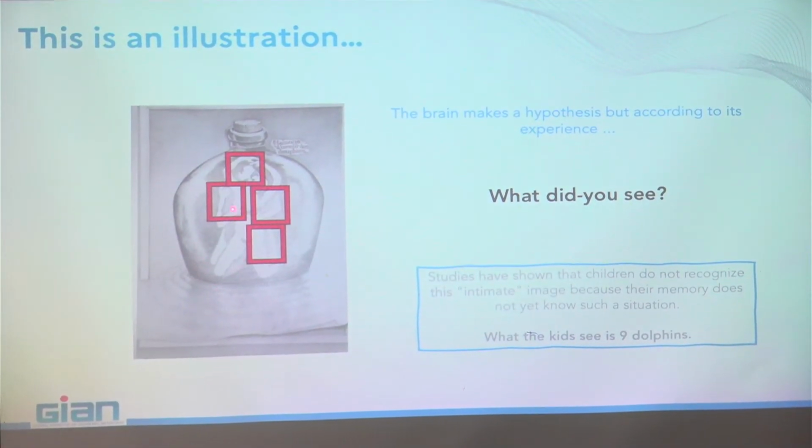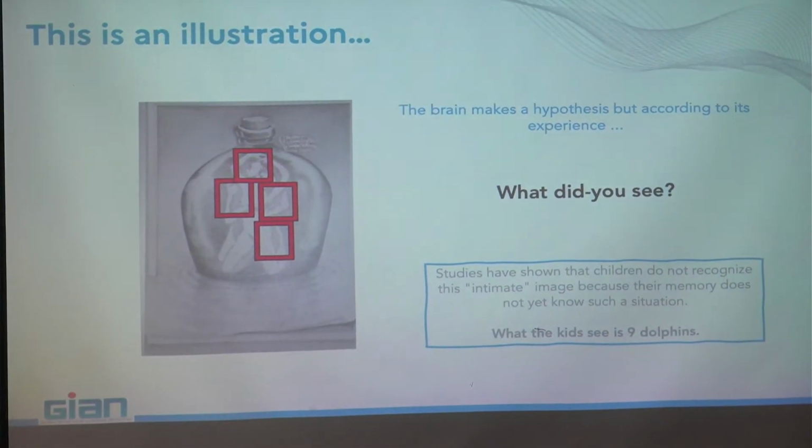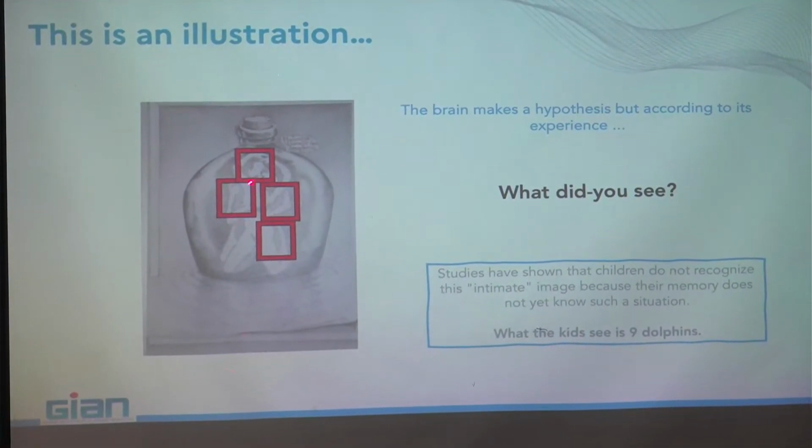There are. The nose, the tail. For a young kid, this figure that you and I see doesn't have any meaning. But the kids see the dolphins. And there are 9. I took the time, I counted them. But above a given age, you learn things and you interpret the image in a different way.